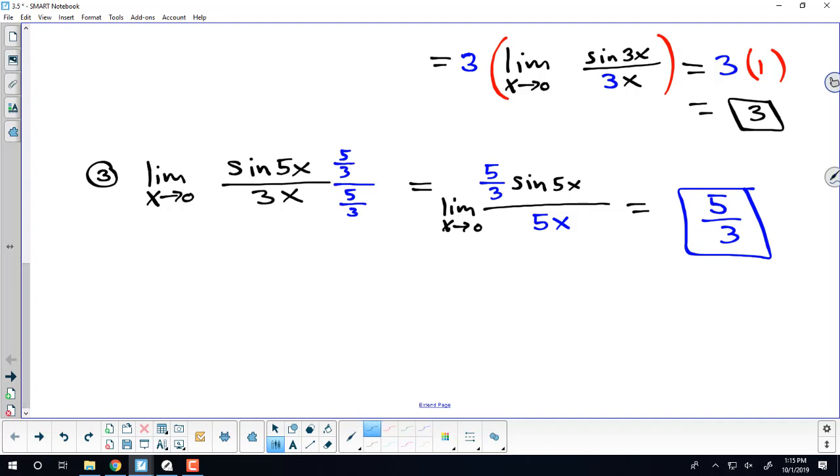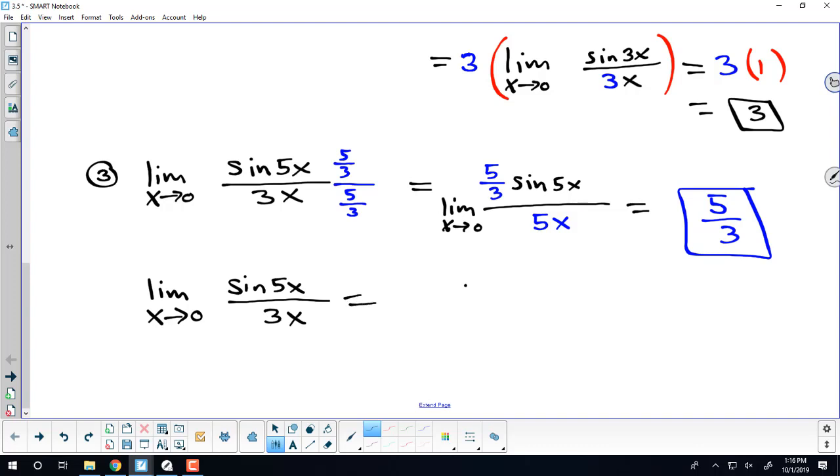The other way to see that is the same thing that we're doing, but for others it might be a little bit easier to see. We're dividing by 3 times x. Isn't this just 1/3 times the expression?